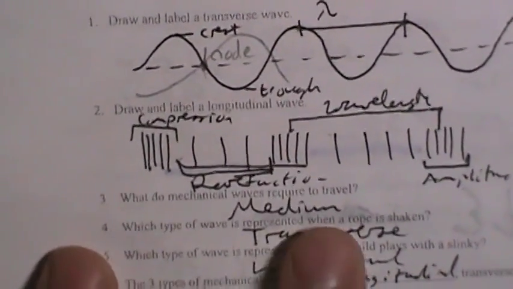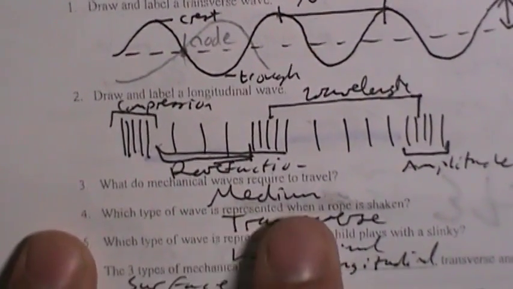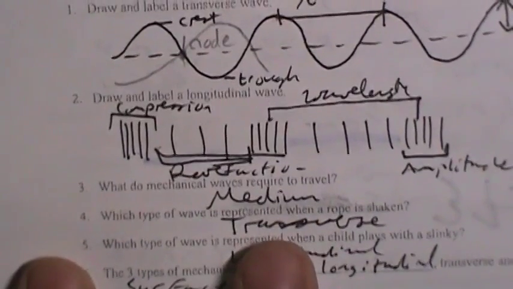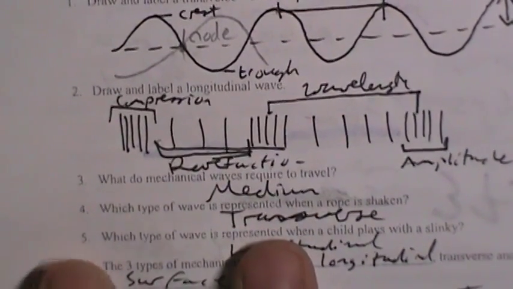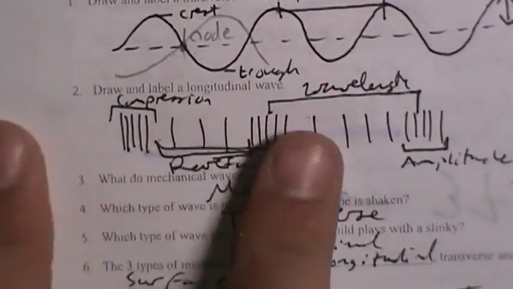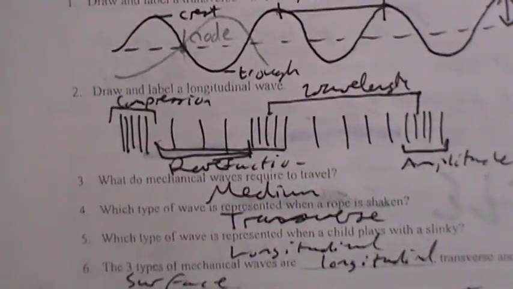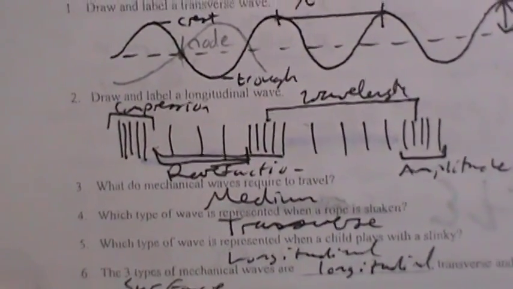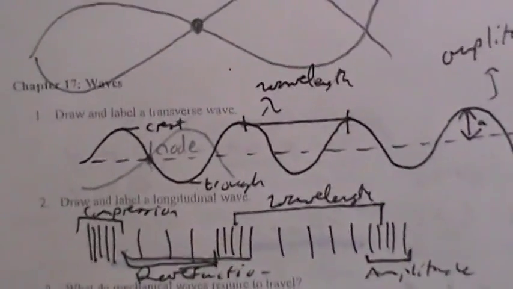Alright, mechanical waves have to travel through some sort of medium. They can't just go through empty space, so there is no sound wave in space because there are no air particles to compress and rarefact. They can't stretch and compress in space because there's not anything there. Now, that doesn't mean energy cannot move through space.